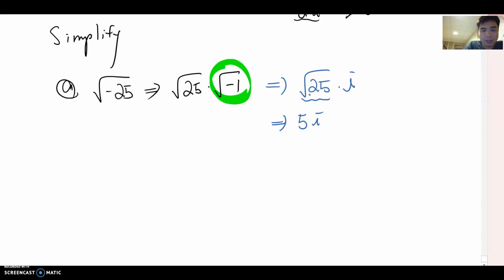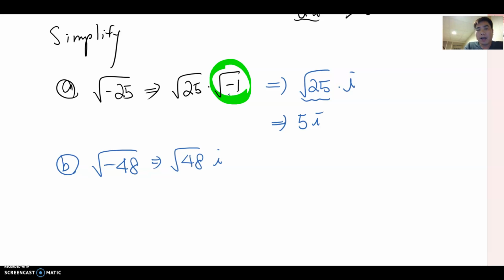Okay. Now the second one. What about root negative 48? In this case, obviously we can rewrite it as root 48 i. Now I don't have to write root negative 1. You see that, right? That's why I just wrote root 48 times i. Now I'm going to simplify this number.